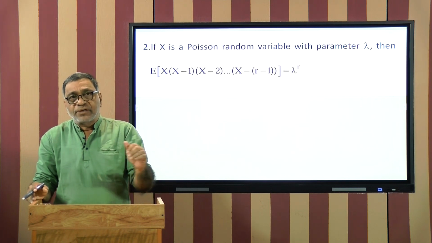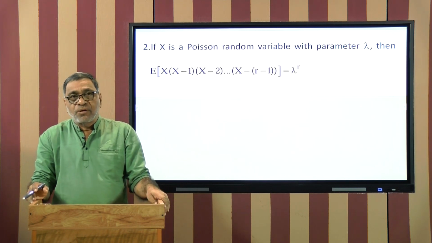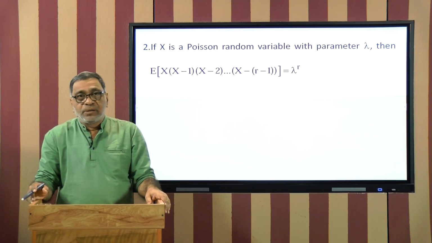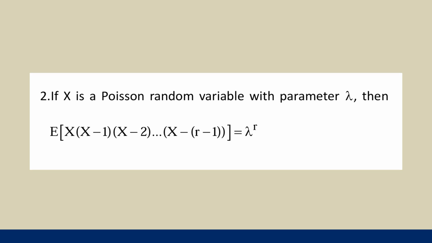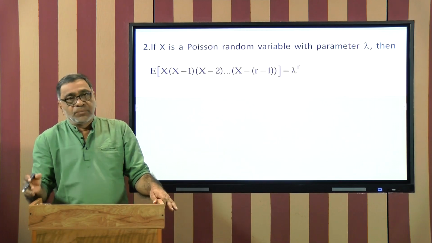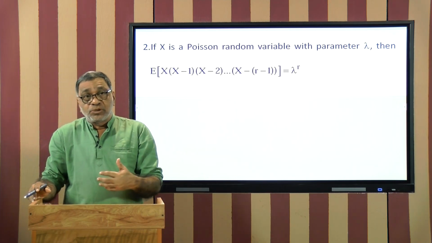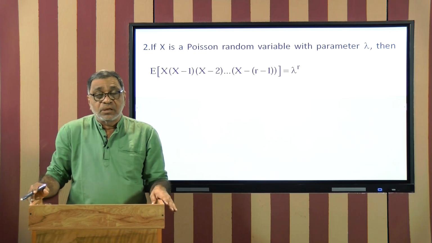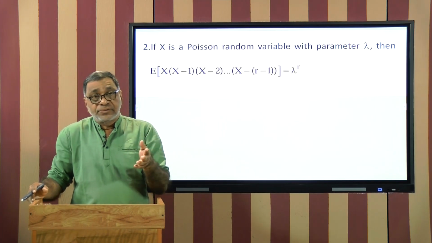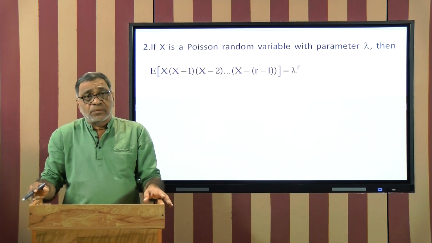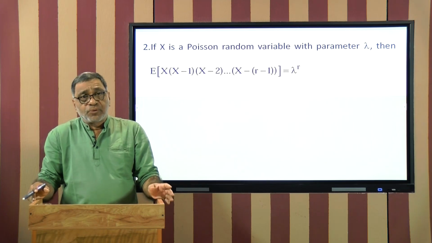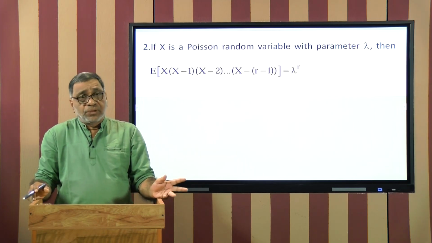Okay. So, next, we are considering another problem with respect to the Poisson random variable. This is actually factorial moments. For a Poisson random variable with the parameter λ, we can derive the factorial moment is equal to λ^r. Very simple, and using these factorial moment values, we have calculated the mean, variance, and the other central moments of the Poisson distribution previously.